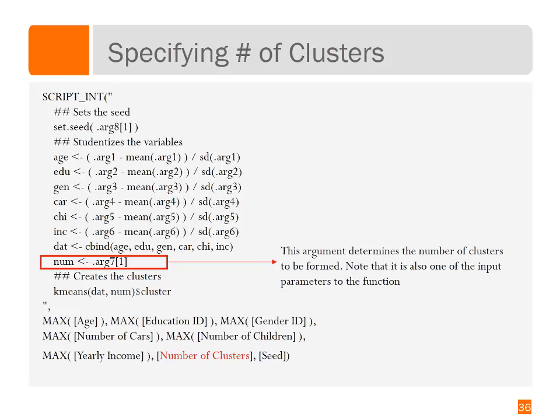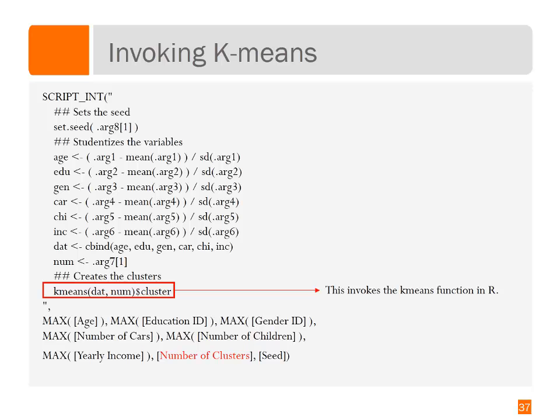We'll then specify the number of clusters. We discussed at some length the two different mechanisms or metrics where we could choose the number of clusters. Here we will simply define the number of clusters we want to use. And then the last function here, we're invoking the k-means statistical algorithm to run.